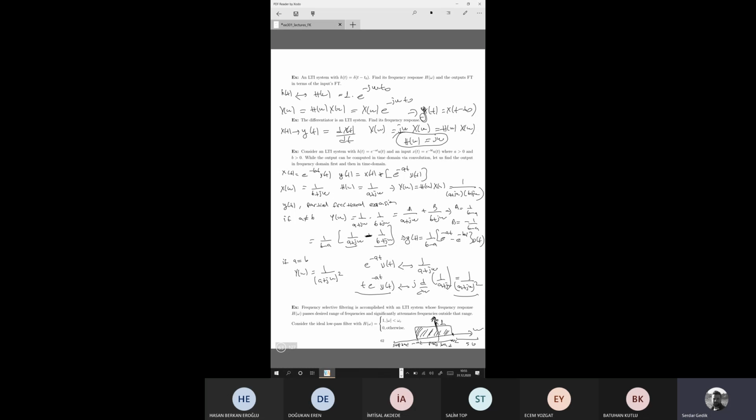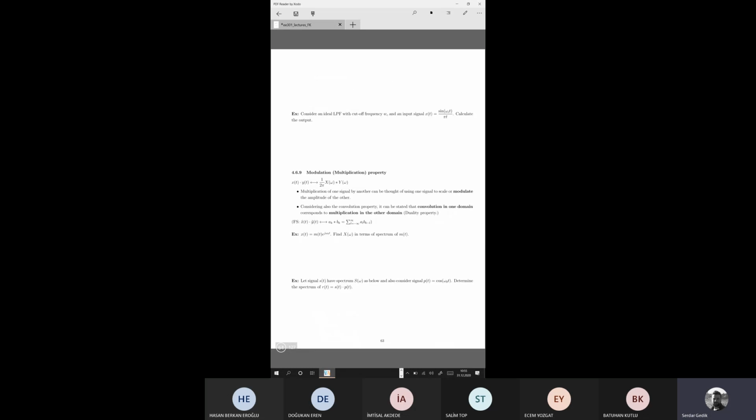So x of t and y of t are related with the impulse response. If I have x of t at the input, and if h of t is my impulse response, I have y of t at the output. Of course, this is equal to h of t convolved with x of t. What about y of omega? You know, y of omega is x of omega multiplied with h of omega.